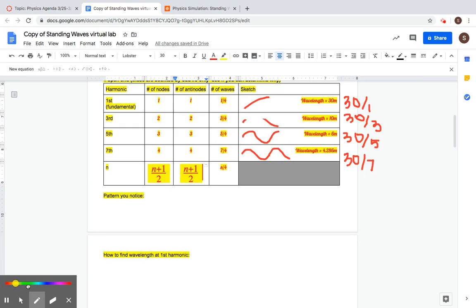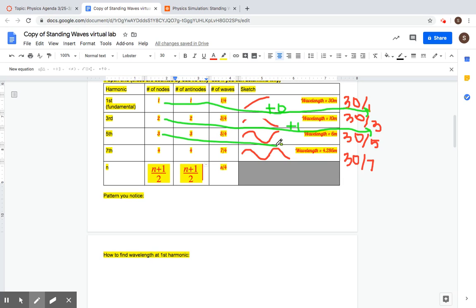So let me see if I can show this relationship. If I go from here to 1, I am adding 0. From 2 to 3, I am adding 1. 3 to 5, I add 2.